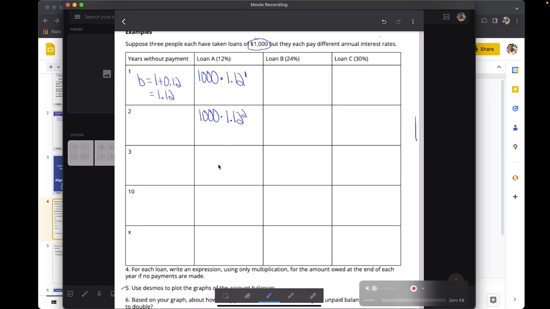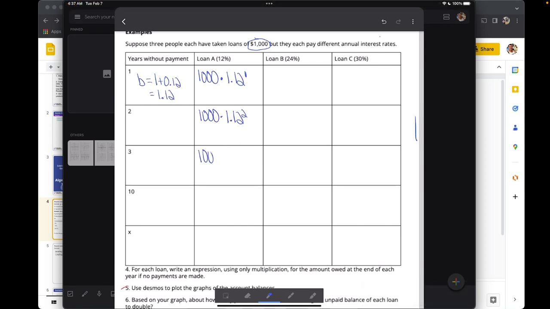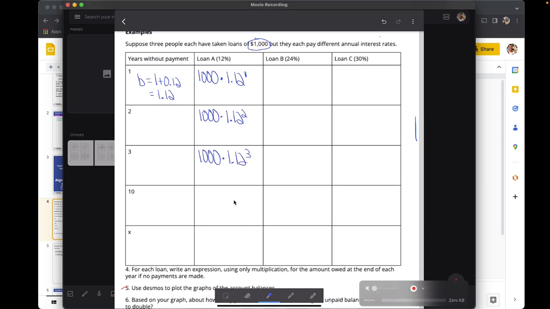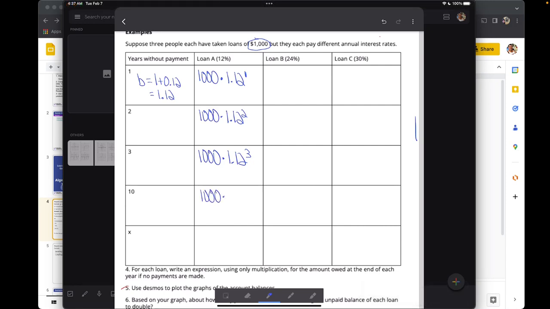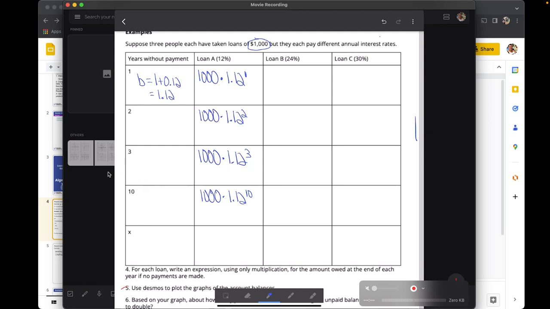Okay, this one is going to be 1,000 times 1.12 to the power of 3, 3 years. Okay, this one, if we continue the pattern, is going to be 1,000 times 1.12 to the power of 10, because 10 years.